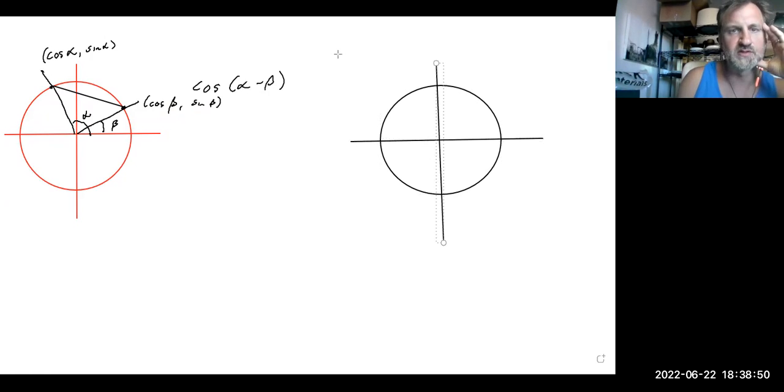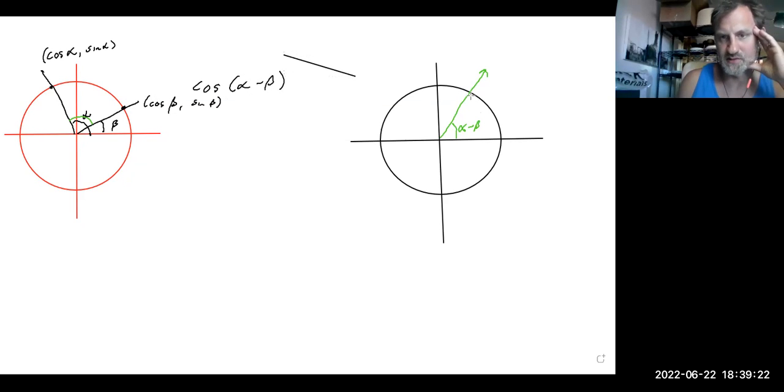Key link here is that if I look at just this angle, that would be alpha minus beta. So let's just say that's somewhere over here. This is alpha minus beta. And the key is that this little guy is the same distance as this piece here.